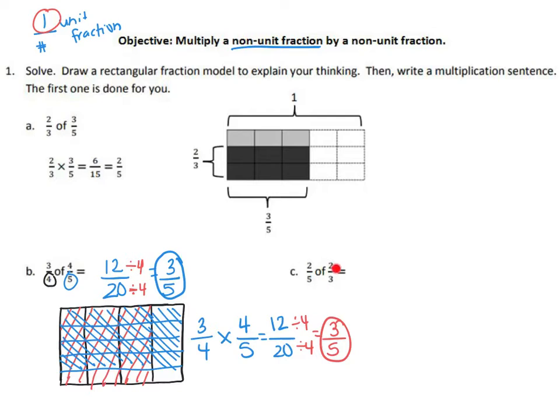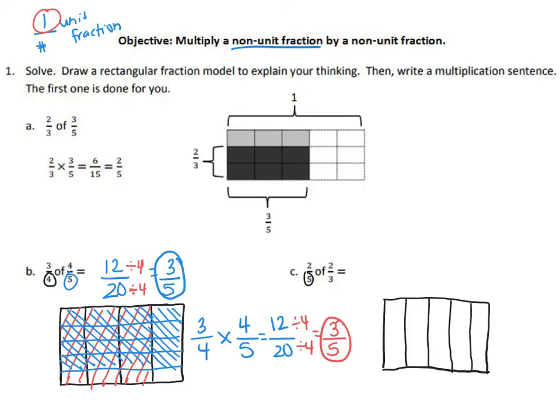Now let's do C. 2/5 of 2/3. So draw your fraction box. All right, our first number is 2/5. So I'm going to be splitting it into fifths. And I'm going to shade in 2 of those fifths.